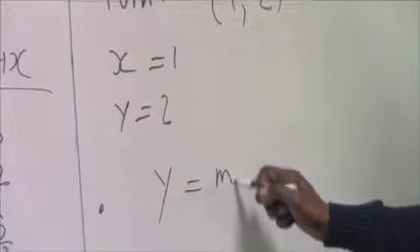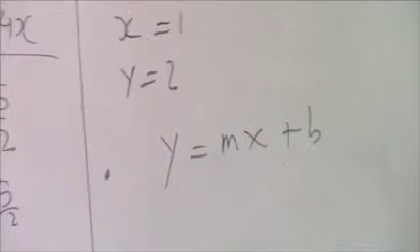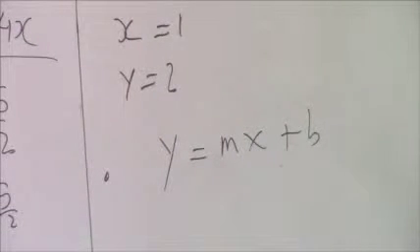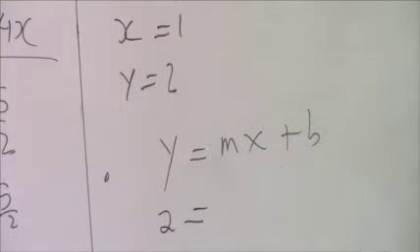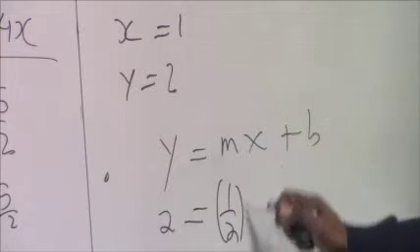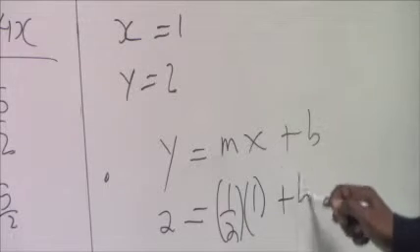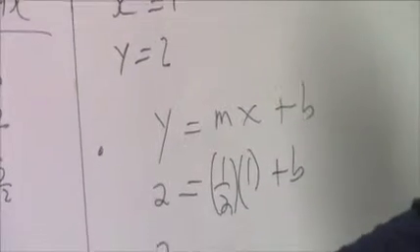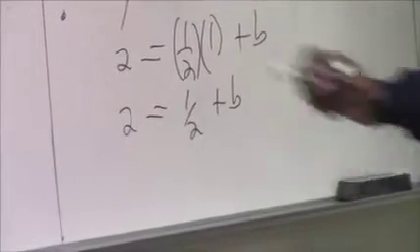y equals mx plus b, to be able to find our b. So y is 2, my m is 1 over 2, my x is 1, plus b. So I have 2 equals 1 over 2 plus b.